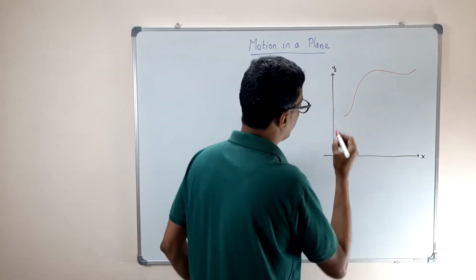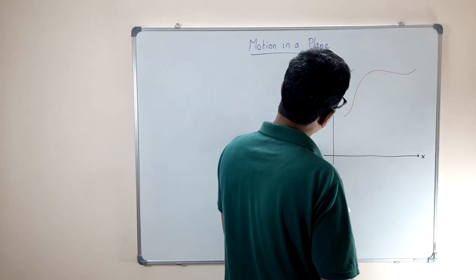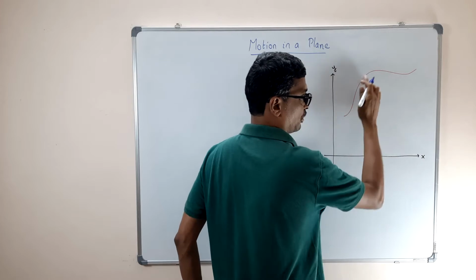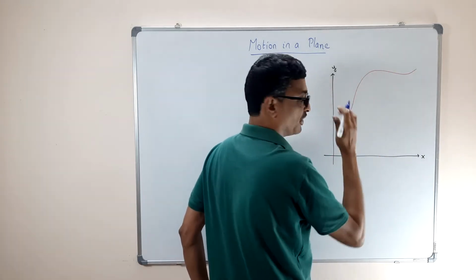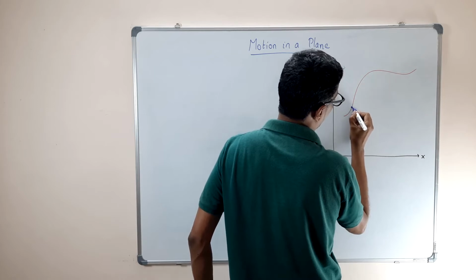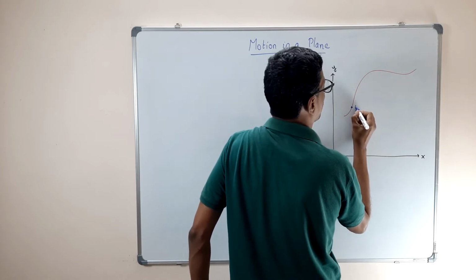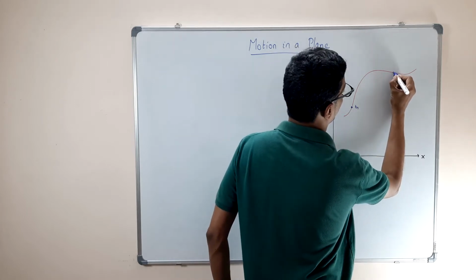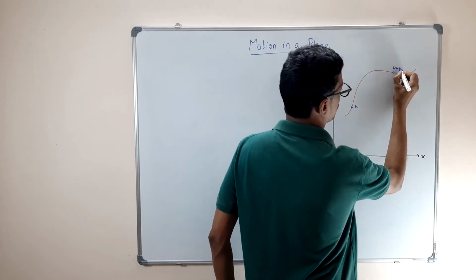When the body is here, it's in 2 dimensions. It's not a rectilinear motion. You got it? It's not a straight line. So when the body is here, let the time be t1. The body is here, and when it is here, this is t2.